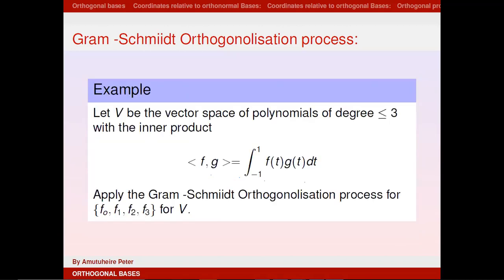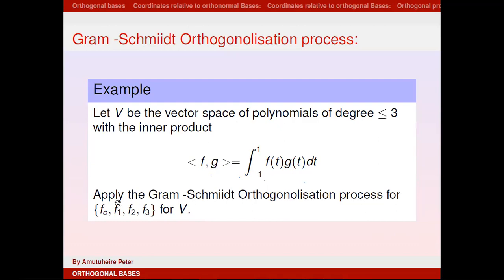Okay. In the example, we have our inner product space V, which is a space of polynomials of degree less than or equal to 3. And the inner product defined on that space, of two polynomials f and g, is the integral from -1 up to 1 of f(t) times g(t) dt.